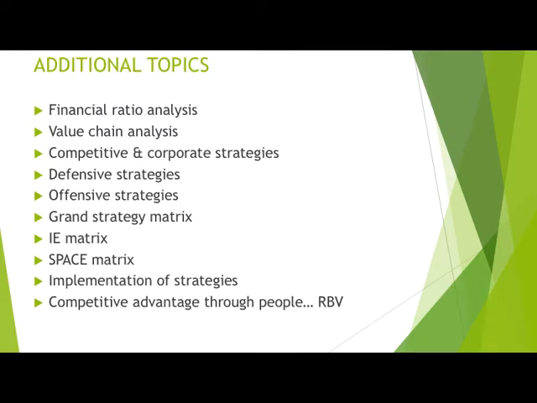And then financial ratio analysis, again, if you're an accounting student, a question like this is an easy question, right? So financial ratio categories: you determine profitability, liquidity, growth rates.